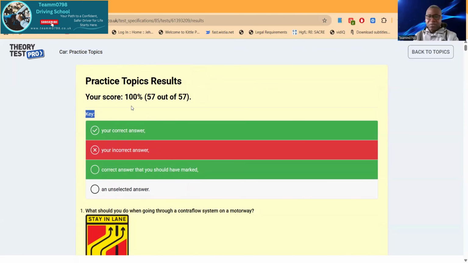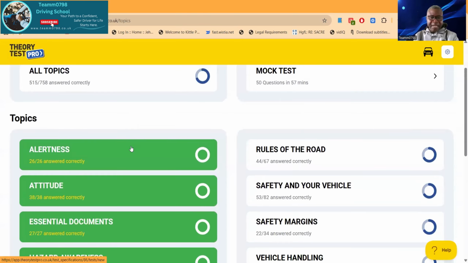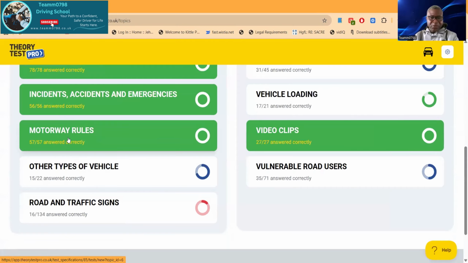Okay, so that brings us to the end of these motorway sections. So back to the topic list. You can see that the motorway rules are now green as well. The next one we're going to do in the coming few days is other types of vehicles.